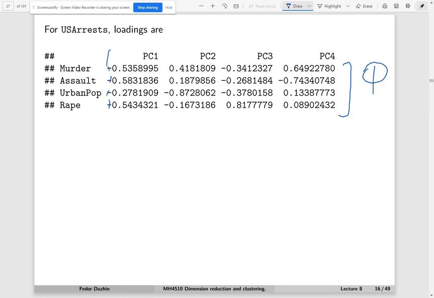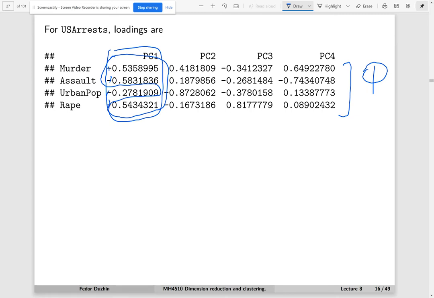So let us look at the first principal component. Notice that the coefficient at urban pop is smaller than the coefficient at murder, assault, and rape. So the first loading represents, in some sense, the overall serious crime rate, because individual crime rates appear with large coefficients in the first loading.